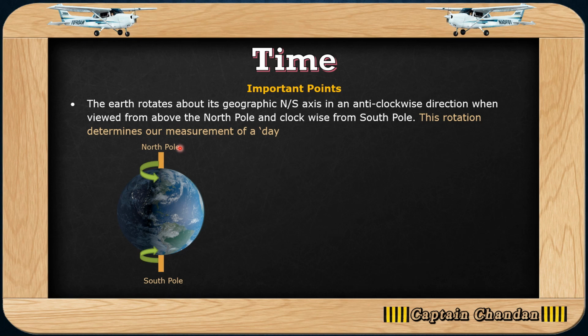This is important for this exam also. And when viewed from the South Pole, it appears that Earth is rotating clockwise. And this rotation gives us the measurement of a day. So in approximately 24 hours, Earth rotates one cycle.